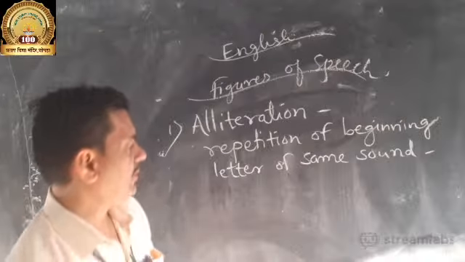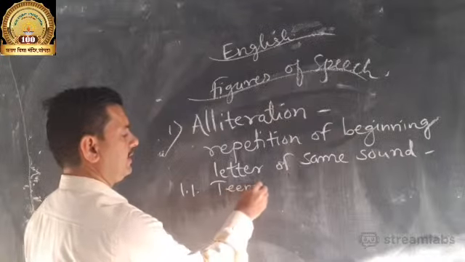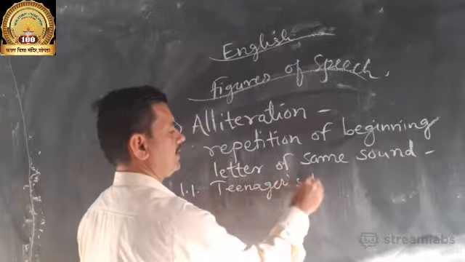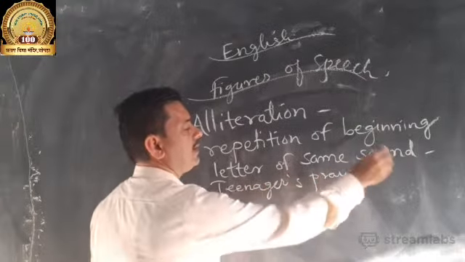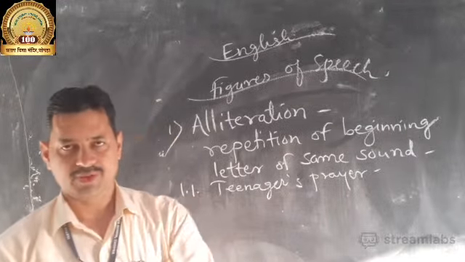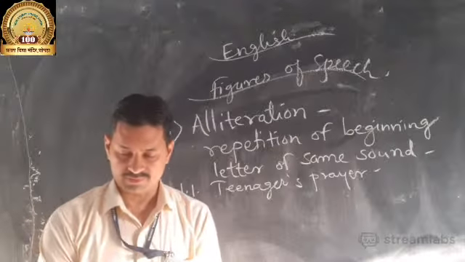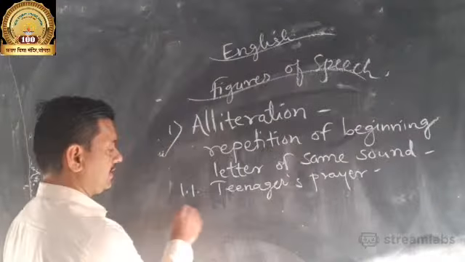See there, in our unit first, 1.1, Teenager's Prayer. Here in this poem, if you have the textbook with you, see the line: travel down the darkened road.